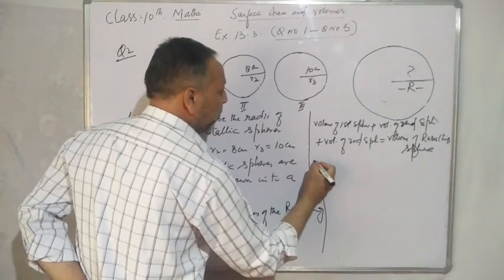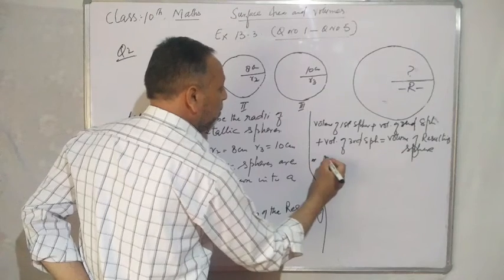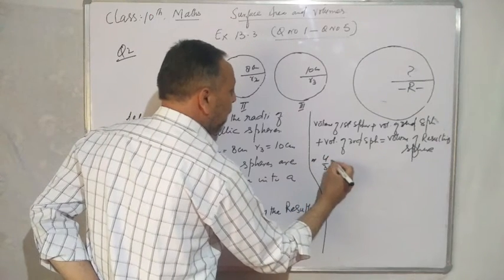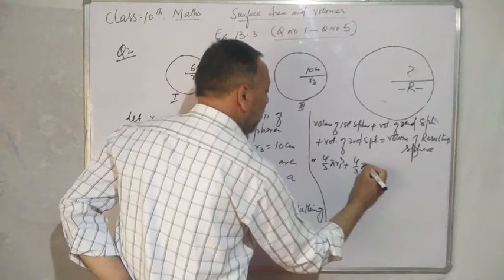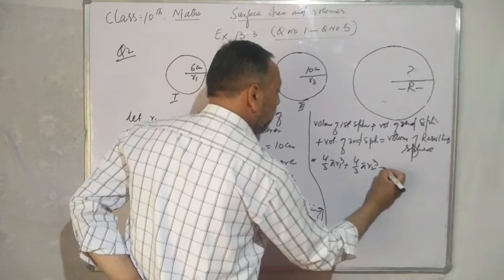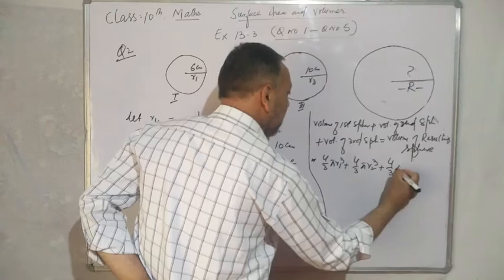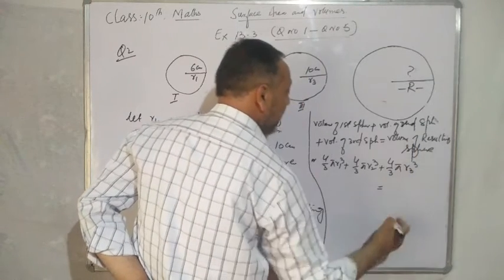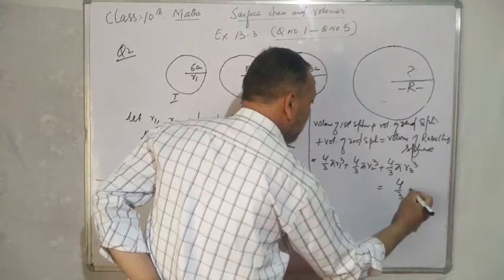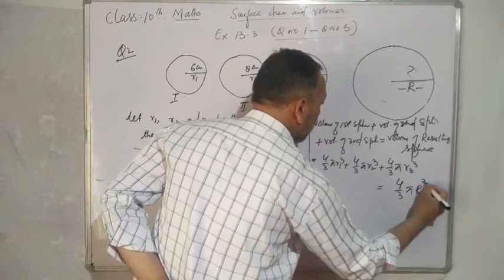तो वॉल्यूम ऑफ फर्स्ट स्फीयर, it will be 4 by 3 pi r1 cube plus 4 by 3 pi r2 cube plus 4 by 3 pi r3 cube is equal to volume of resulting sphere. It is 4 by 3 pi r cube.